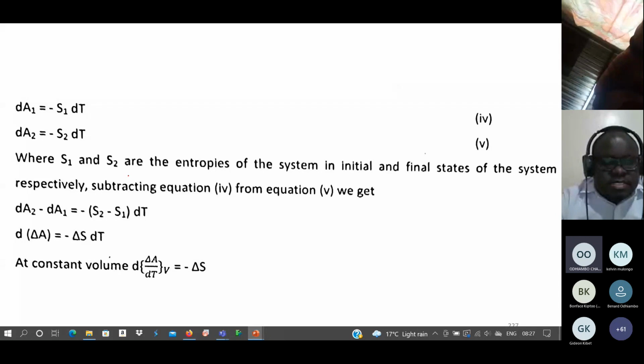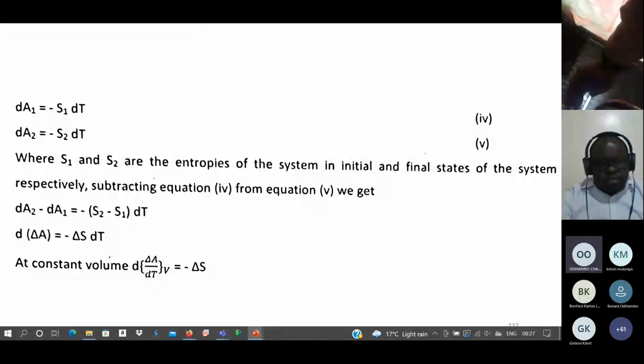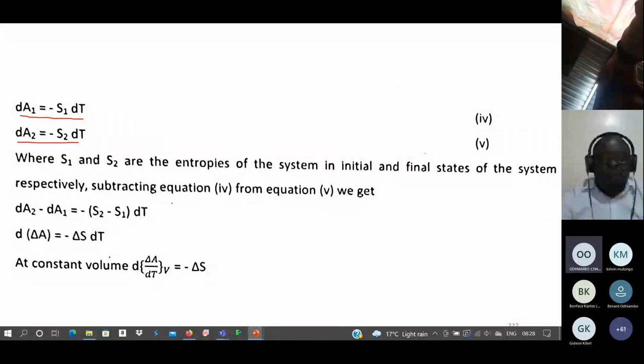Now, when you subtract one from the other, so this is the final, and this is the initial. So when you subtract the initial from the final, we get dA2 minus dA1 equals minus (S2 minus S1) dT.